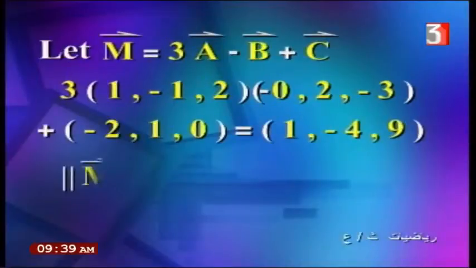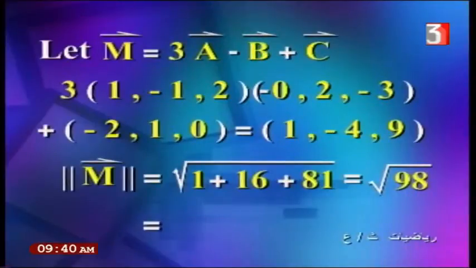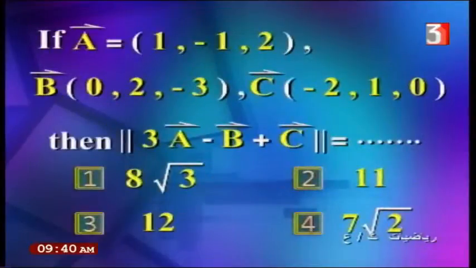The norm of vector M, my dear student, by using square root, the first component to the power 2, 1 squared, plus negative 4 squared, plus 9 squared, then the answer is square root of 98, or 7 root 2. By using the calculator, the correct answer is 7 root 2.